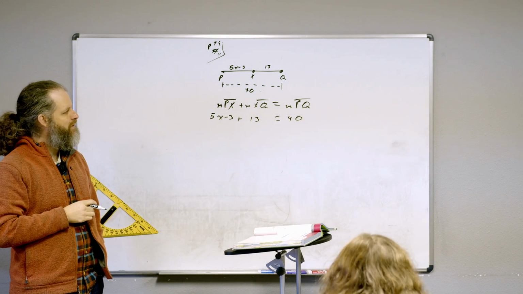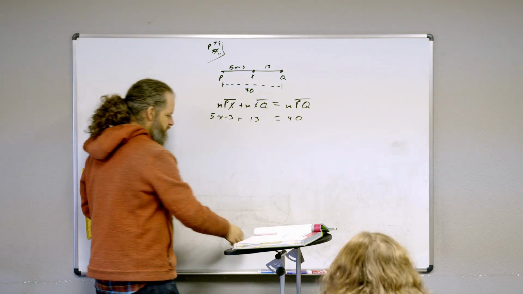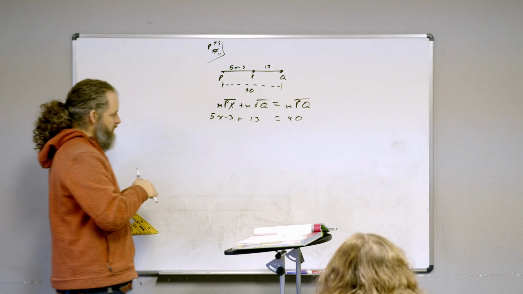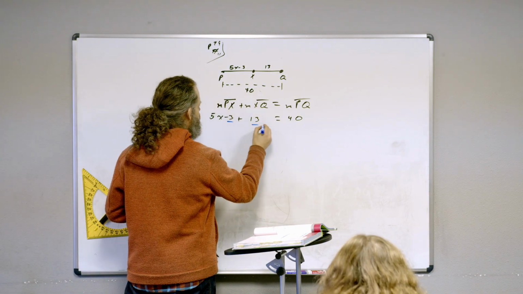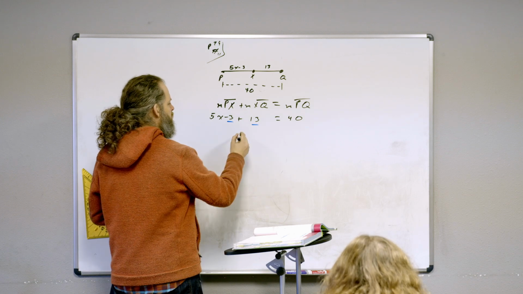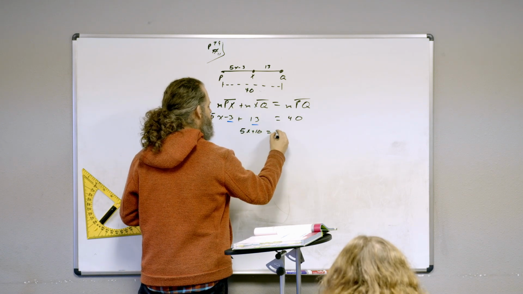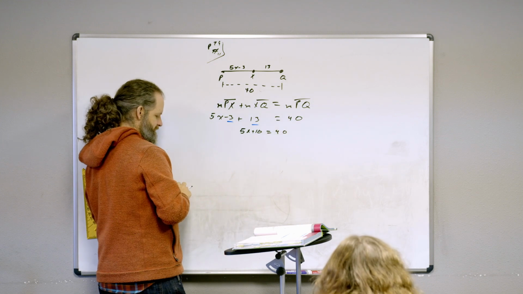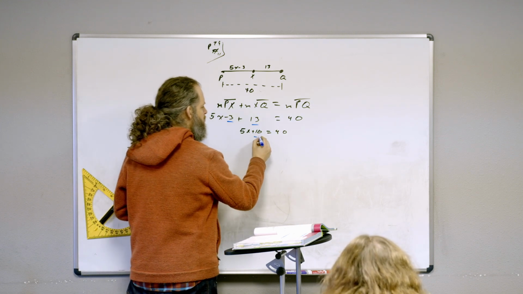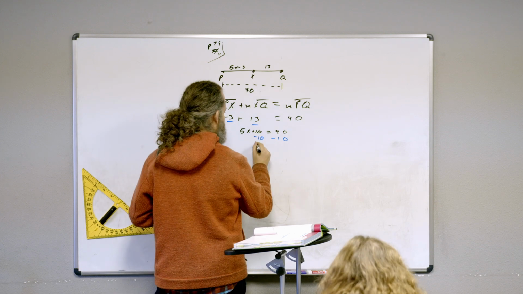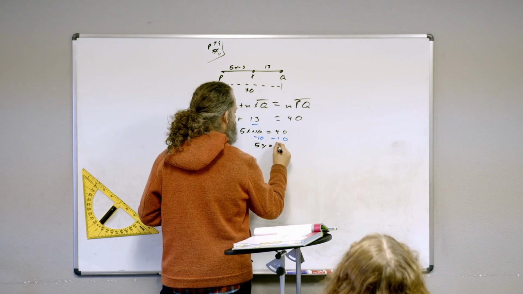So now what would we do? Combine like terms. Where are they? Negative 3 and 13. So 5x plus 10 equals 40. And then? Subtract 10 from both sides. I agree. 5x equals 30.